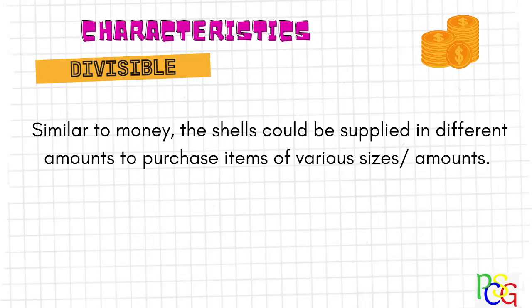And if you wanted to buy something for $5, you can simply split it into 5 single dollars, or into two $2 bills and a dollar. Money is divisible just as the shells and the animal teeth and the beads are divisible.